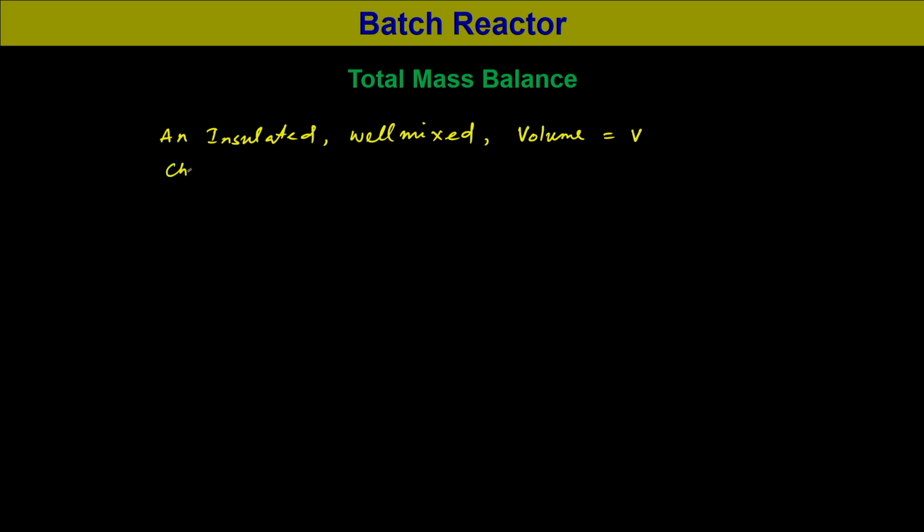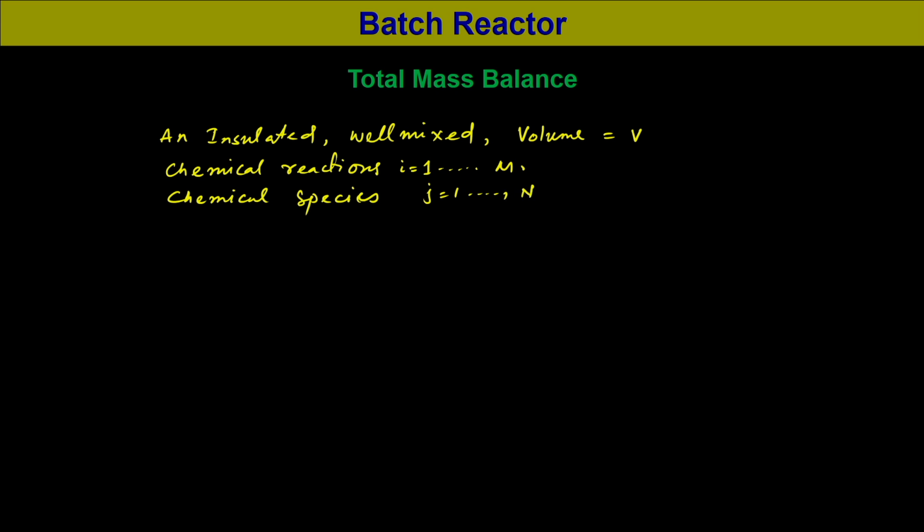So, chemical reactions I is equal to 1 to m, and n number of chemical species, J is equal to 1 to n.